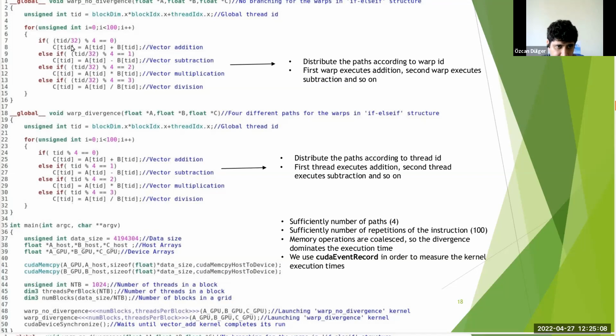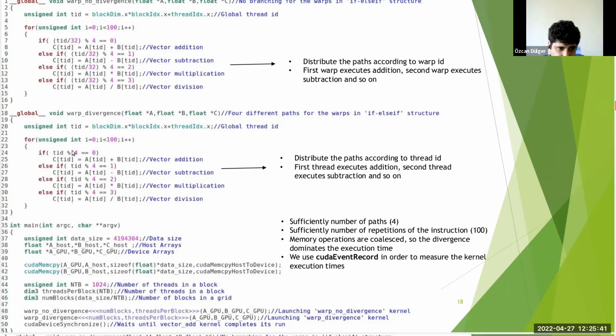That means the first warp executes vector addition, the second warp executes subtraction, the third warp executes multiplication, the fourth warp executes division, and so on. In our second kernel, we use thread ID, so the paths are distributed according to the thread ID.